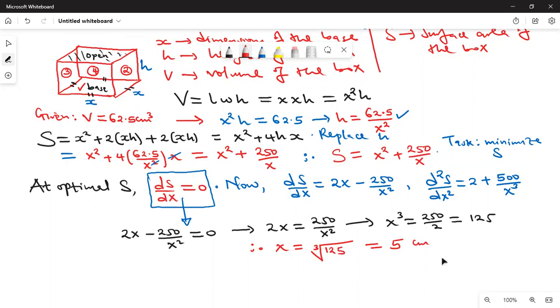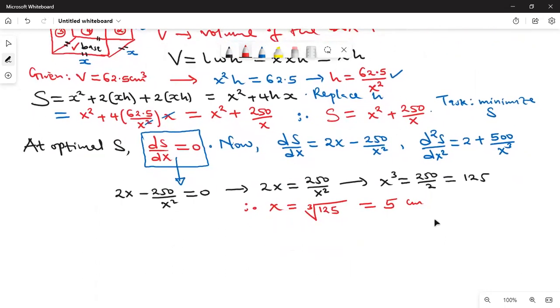What about h? When x is 5 centimeters, you can find h. So this implies that h, we said h is 62.5 over x squared, and our x is 5. You square that. So that is 62.5 over 25.